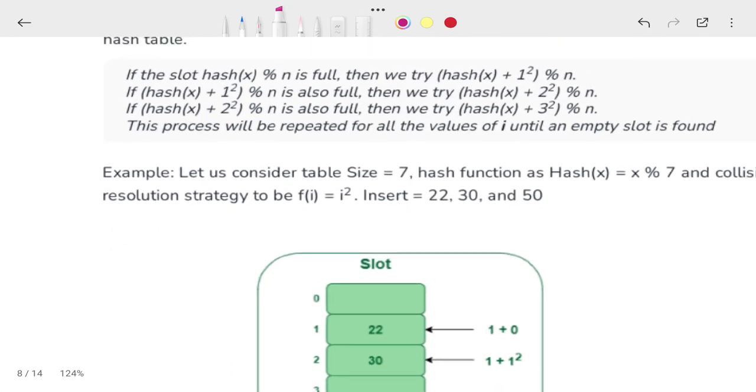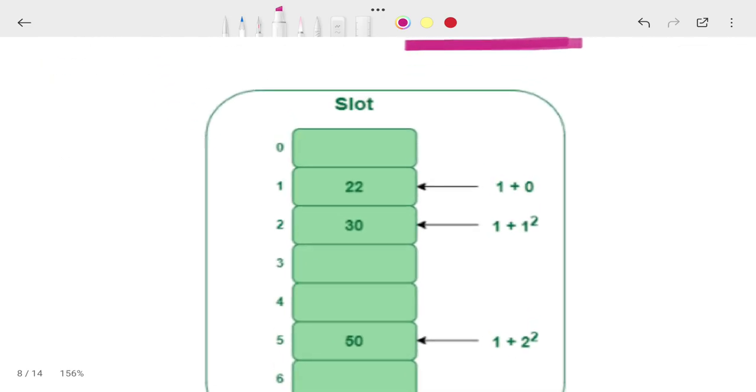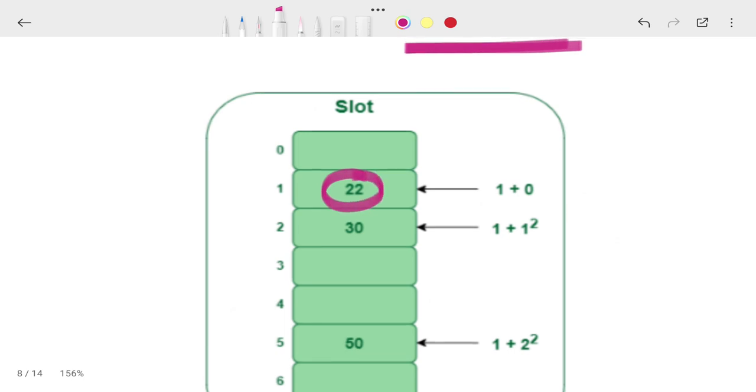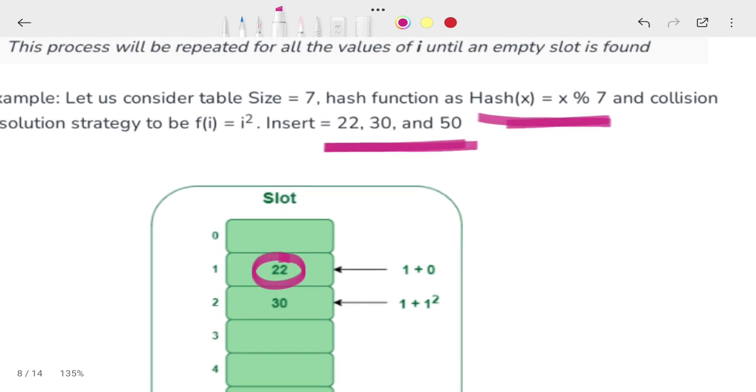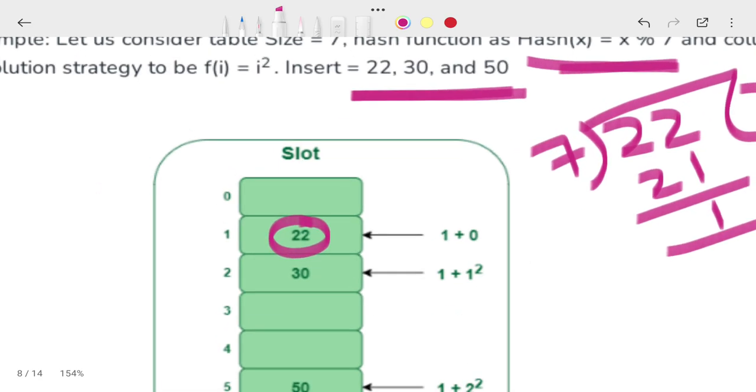Suppose I have hash modulo 7, and I have only 3 values. What will I do? I will take 22 and divide by 7. 7 3s are 21, remainder 1. At index 1 I am placing this.